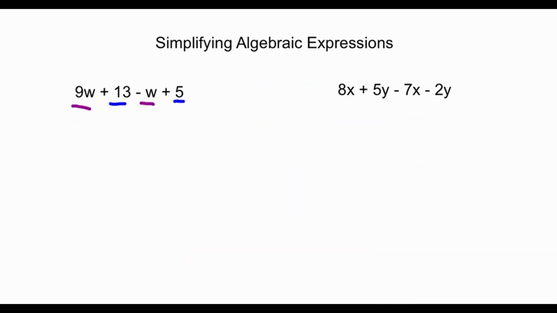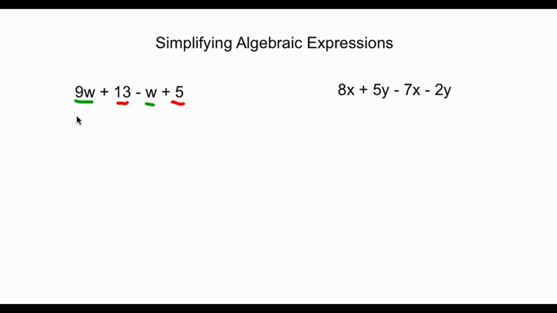Here we've got 9w plus 13 minus w plus 5. Now I'm going to do it first without thinking about the commutative property. What I'm going to try and do is put the like terms together. So I want to put the w's together and the numbers 13 and 5 together. This is one way of simplifying, by moving like terms together.